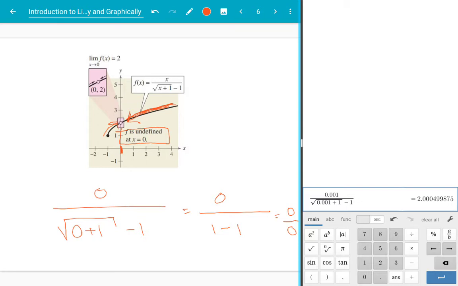However, the limit still exists because the definition of the limit just states that as long as the behavior of the graph or the function is approaching a certain value from both sides, then the limit exists. Okay, so this answer of 2 that we got is correct.